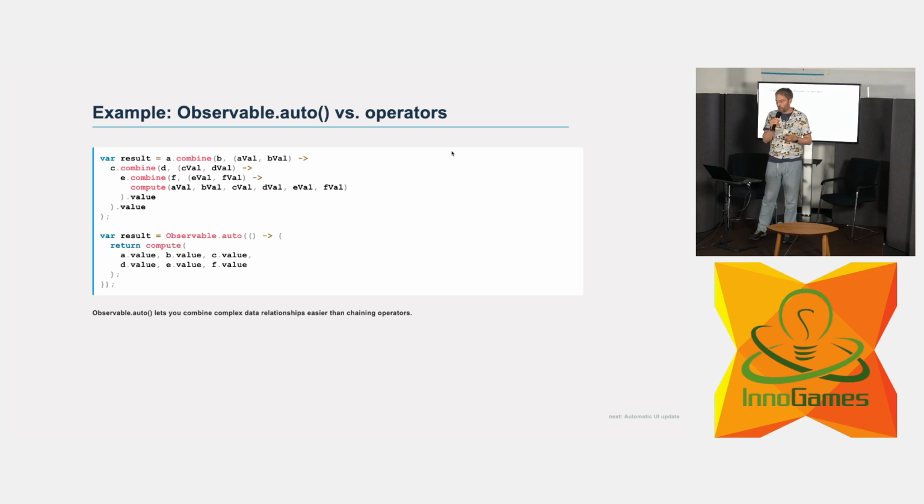But there's also observable auto, and observable auto, like in this example, just makes code a little bit nicer because you can maybe read the bottom part of the thing a bit better or know what's going on instead of having all this top part where you have to deal with all the operators. So observable auto is the way to go, and in Forge we use observable auto like 99.99% of the time and mostly no operators on observables because it's so nice.